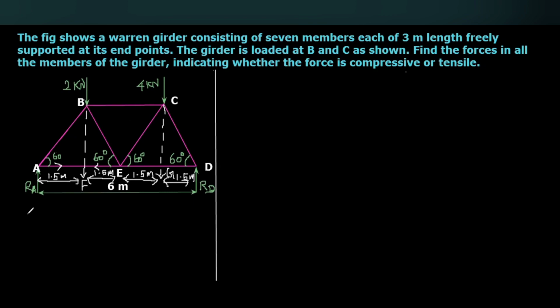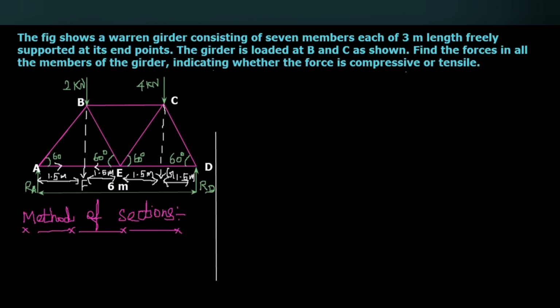In the method of sections, as we discussed earlier, among the three equilibrium principles, summation of vertical forces equal to 0, summation of horizontal forces equal to 0, and summation of moment about any point equal to 0, we are going to use the third principle, that is summation of moment about any point equal to 0. First, we have to draw the section lines.